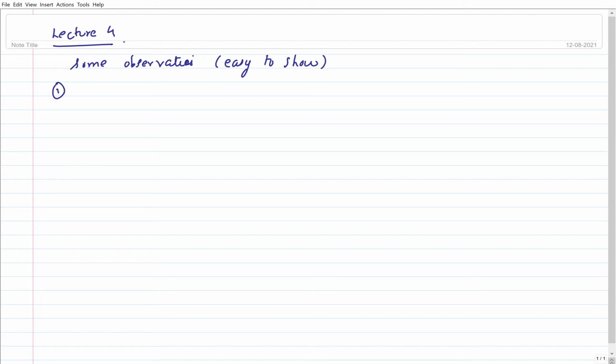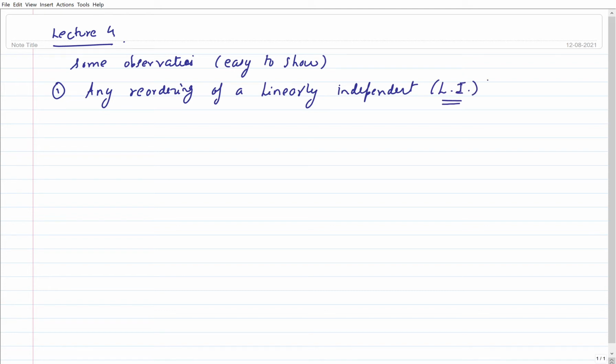So we were talking about linear independence. So this is obvious. Any reordering of a linearly independent set, we'll abbreviate by Li set, is also linearly independent.